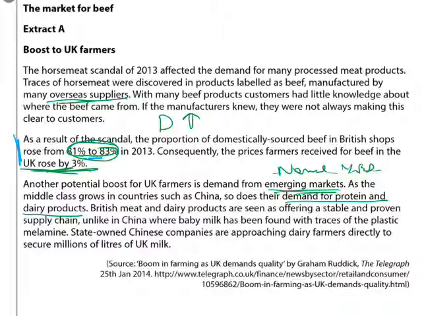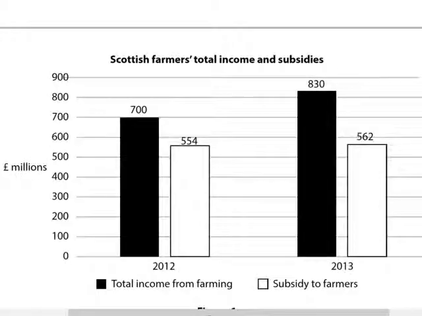British meat and dairy are seen as offering a stable and proven supply chain, unlike China, where baby milk has been found with traces of plastic melamine. So if we're looking at negative externalities at some point, we've got one there. State-owned Chinese companies are approaching dairy farmers directly to secure millions of litres of UK milk. So there's lots of increases in demand for various things, from British beef to British milk in that extract.